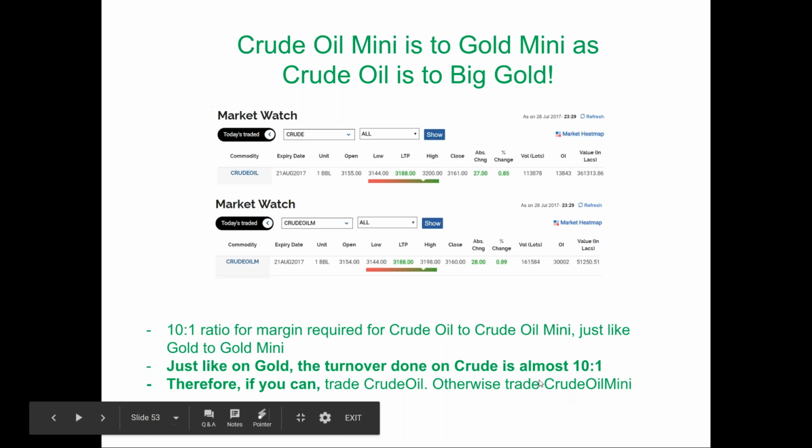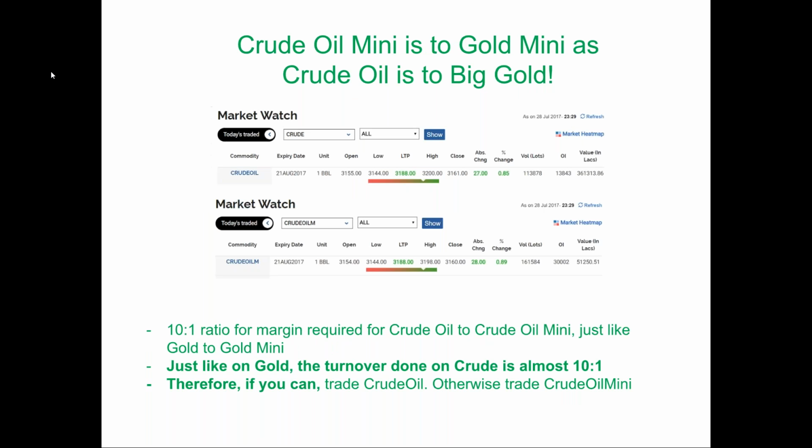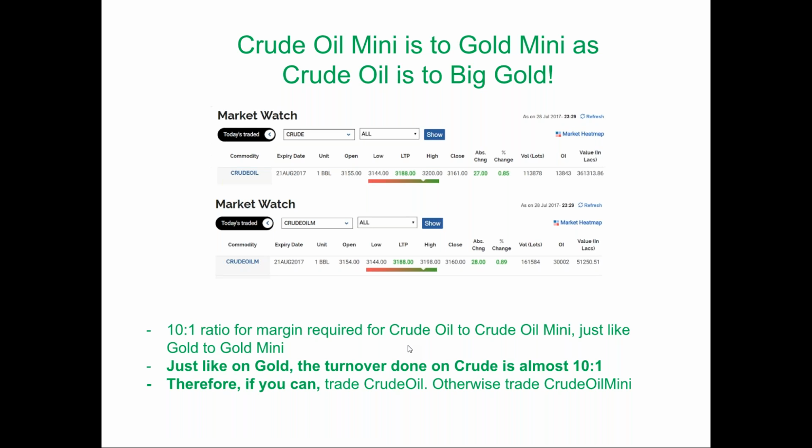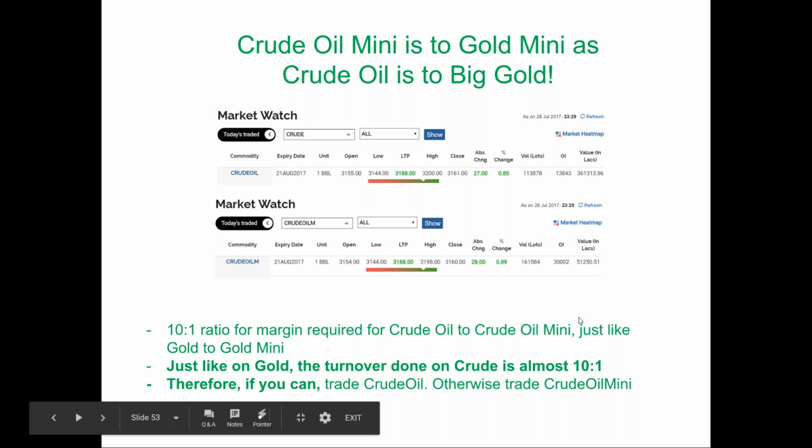Cool. So this is crude oil mini. Crude oil mini is just like gold mini. So once again, everything is 1/10. The margin required for crude oil mini is going to be literally 1/10 of crude oil.